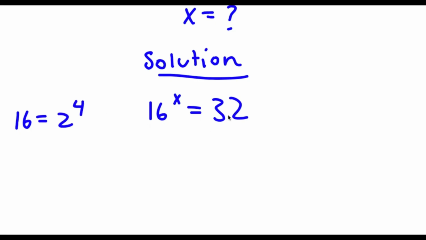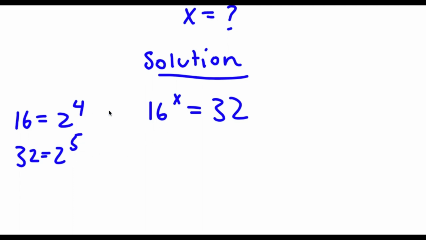And 32, since we want to make both of these the same base, I need to find what power of 2 makes 32. Well, 2 to the power of 5 is double 16, and double 16 is 32. So 32 is equal to 2 to the power of 5.